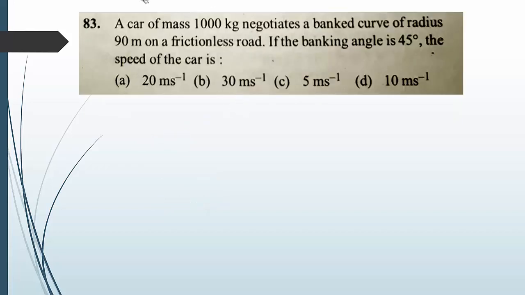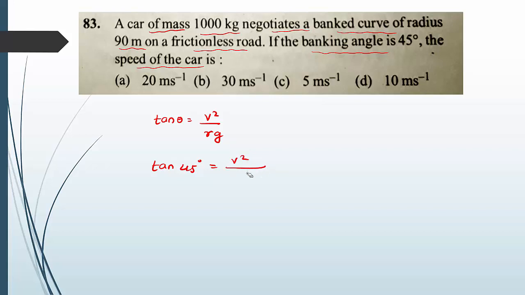83rd question. A car of mass 1000 kg negotiates a banked curved road of radius 90 meter on a frictionless road. If the banking angle is 45 degree, the speed of the car is. So we have the direct equation tan theta equal to v square divided by rg. This is the banked circular road formula. So tan of 45 degree, the angle of banking is given. v square, keep as it is.